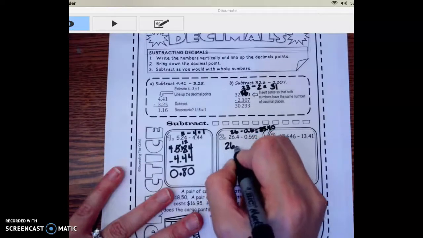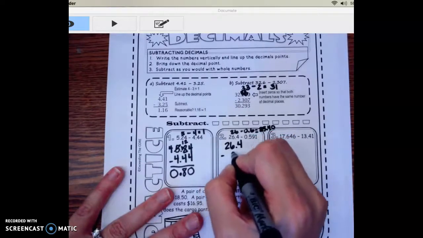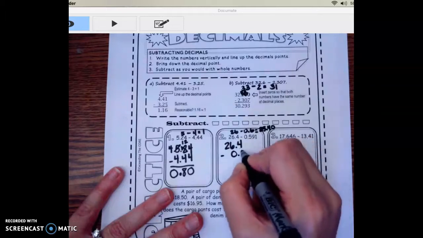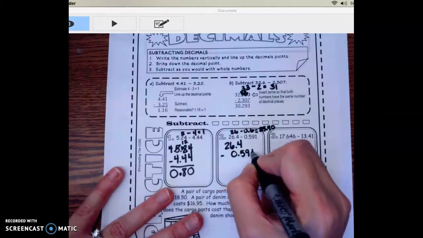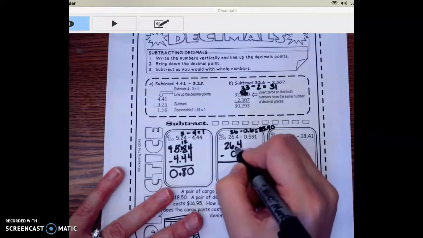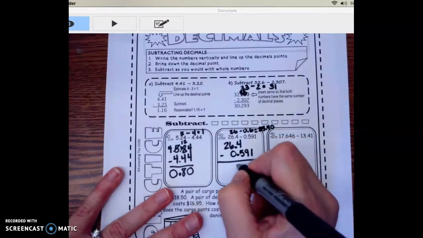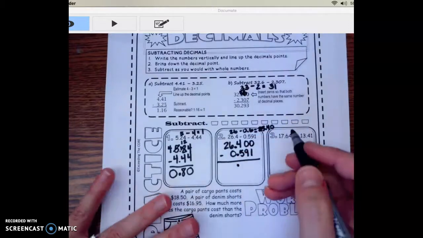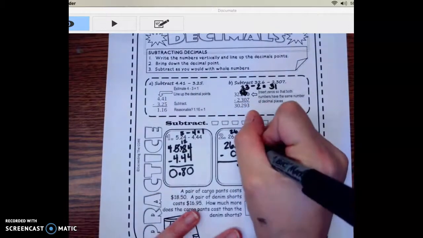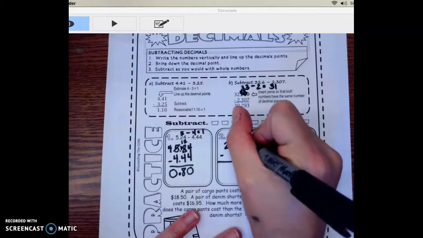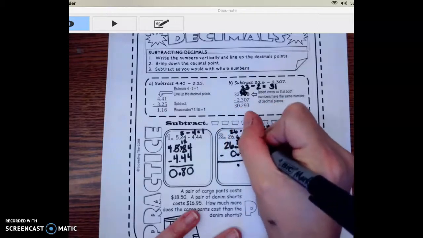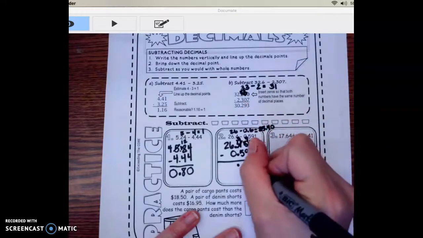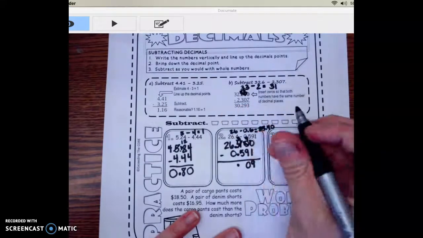Okay, now remember I'm lining up my decimal places. I have to make sure I put those decimal points right on top of each other there. And then bring it straight down. Oh, I have blank spaces. I'm going to have to add my zeros. Come over here and borrow. Make that a 3. 10 minus 1 is 9. 9 minus 9 is 0. 3 minus 5.